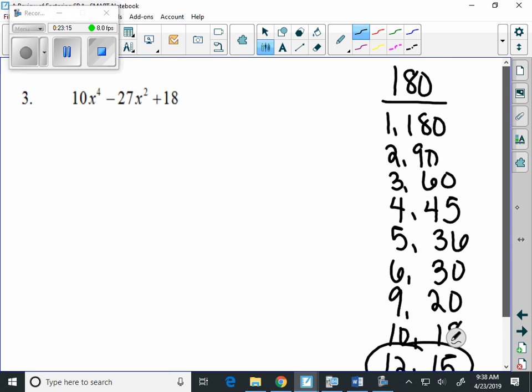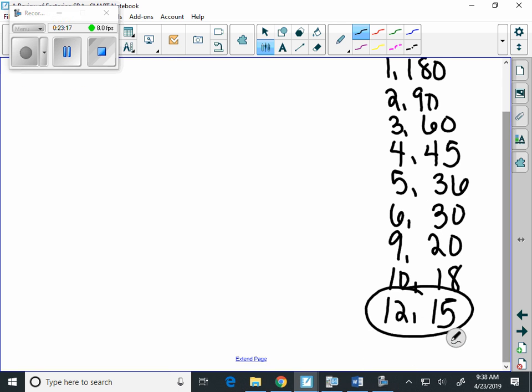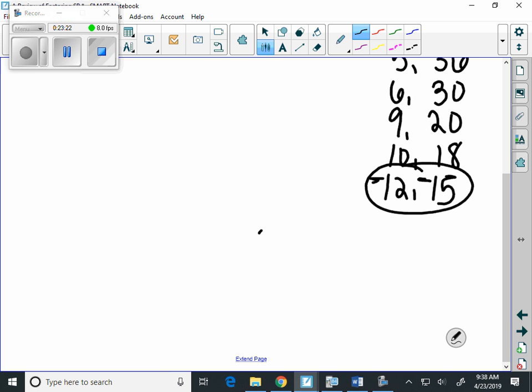To come up with negative 27, it's going to have to be a negative 12 and a negative 15 as we split the middle.